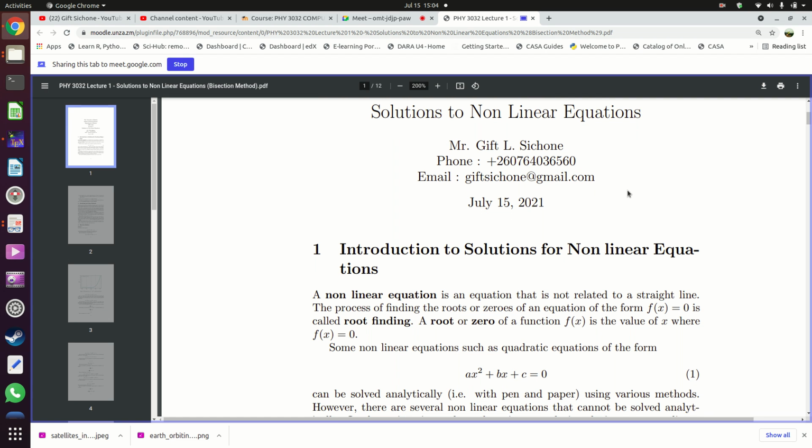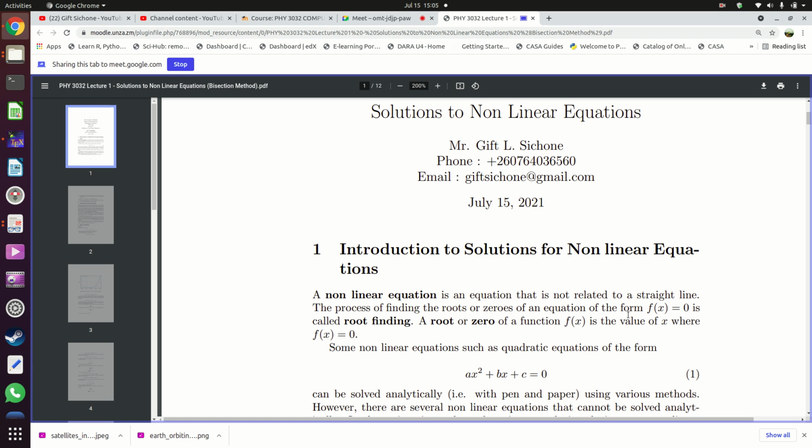So that's what we want to look at, and how we can use computers to do something along the lines of looking for solutions. Like I've mentioned, a nonlinear equation is an equation which represents anything which is not a straight line. A solution to an equation is basically a value of x where that particular equation cuts the x-axis.